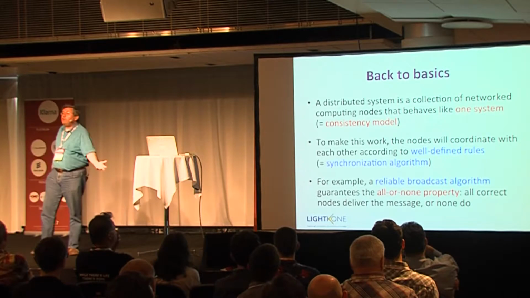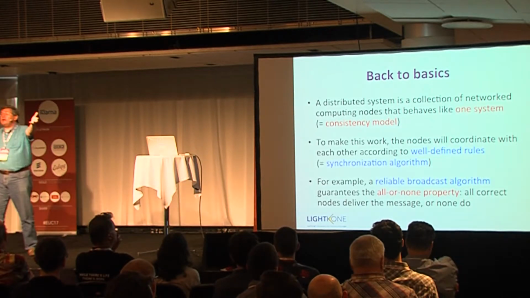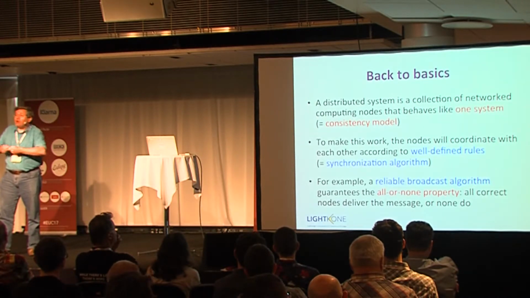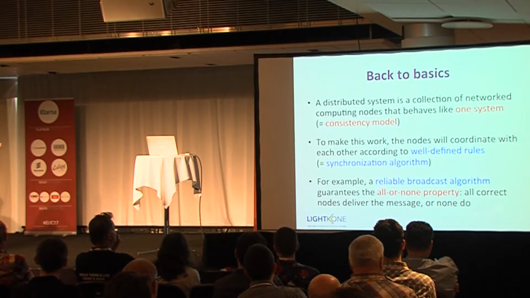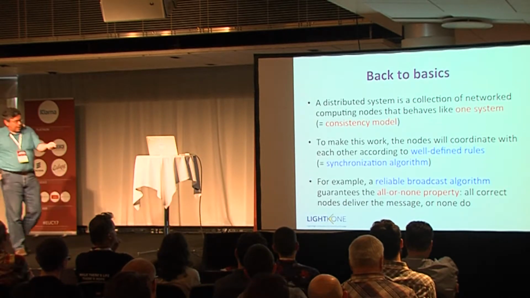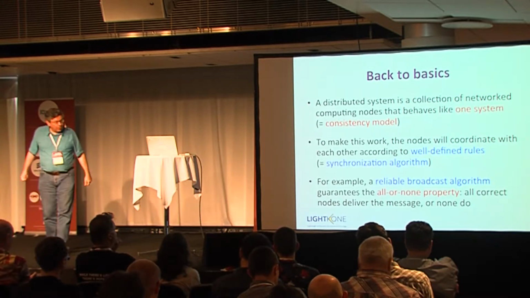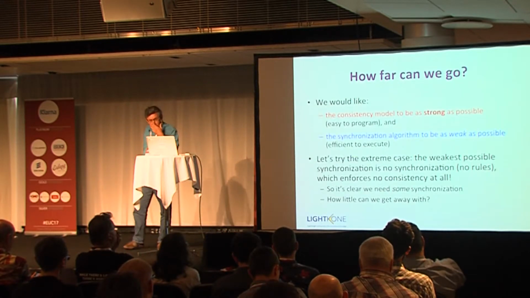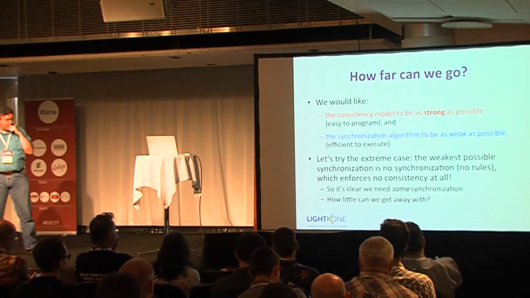So for example, in my distributed systems course, I talk about reliable broadcast algorithm, and it has this property called all or none. Either all correct nodes deliver the message or none do. That's a global property. So I make it in red there. That's the consistency model for the reliable broadcast algorithm. Okay, now let's see how we can push this. What do we want to do here?